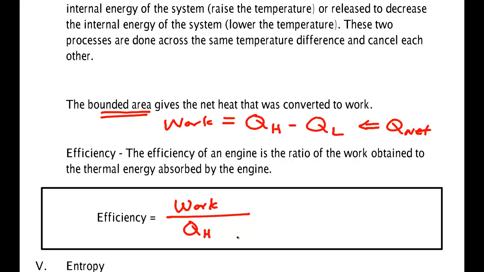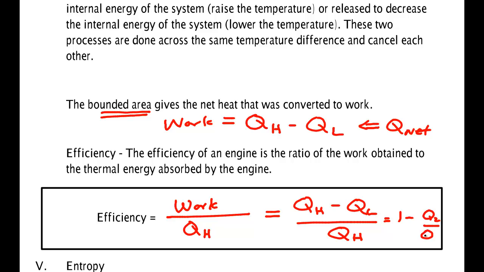And it's always less than 100%. Now, the work, we already said, is QH minus QL, over QH. You also, of course, could write this as 1 minus QL over QH.